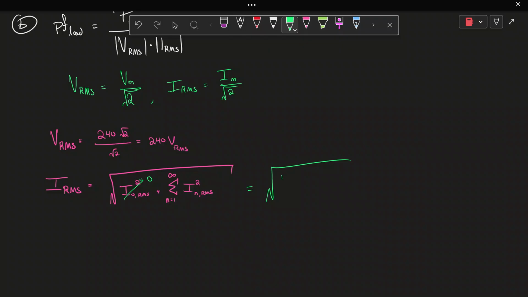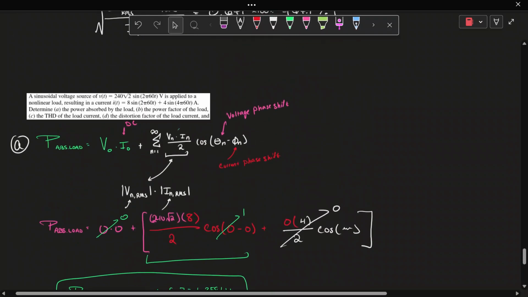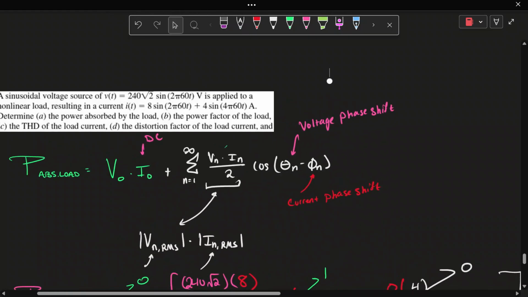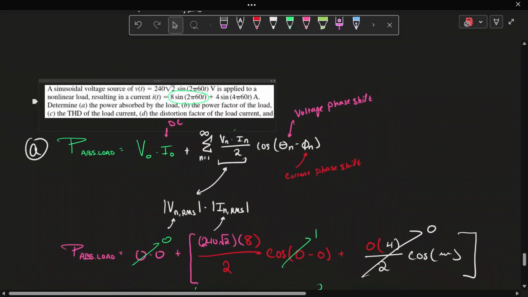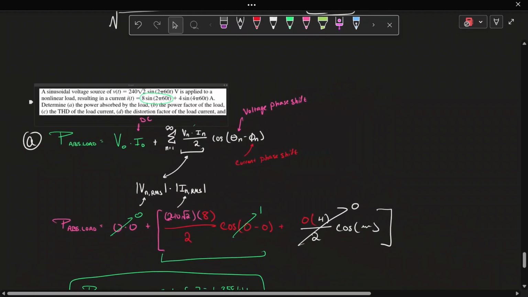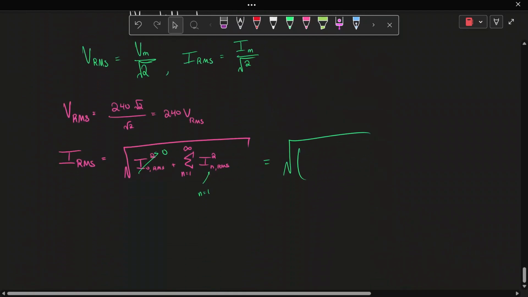So let's look at the first harmonic when n is equal to 1 for current. Well, when n is equal to 1, or the first harmonic we're looking at, is this term. Im, the amplitude of the current for the first harmonic, is 8. So what we're going to do is we're going to say 8 over the square root of 2 because it needs to be an RMS. And we square it.